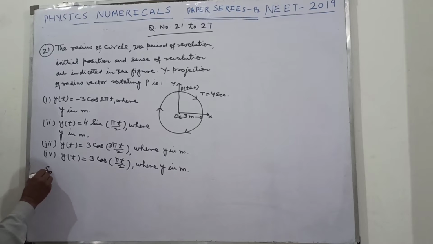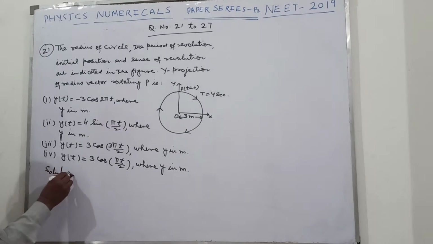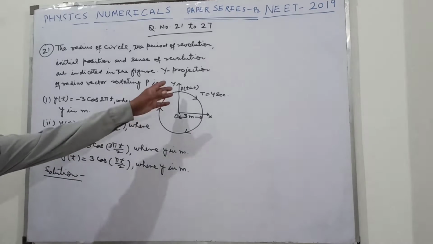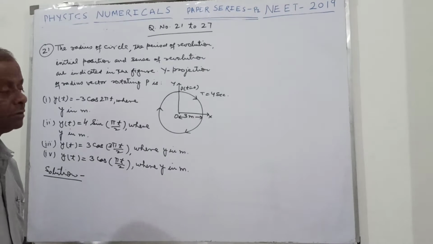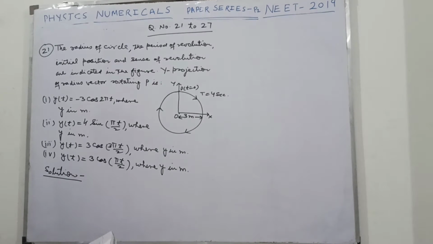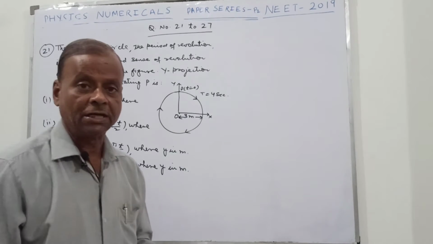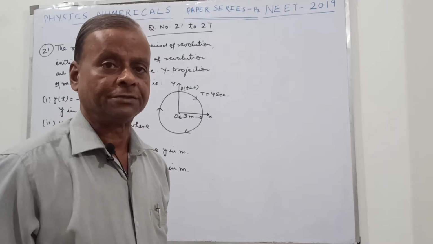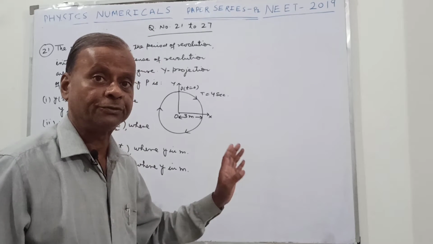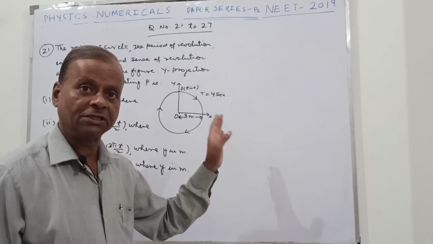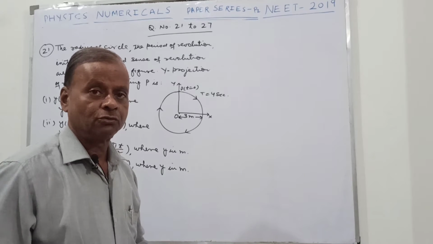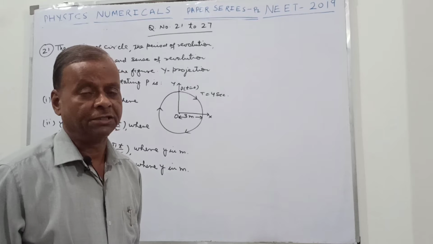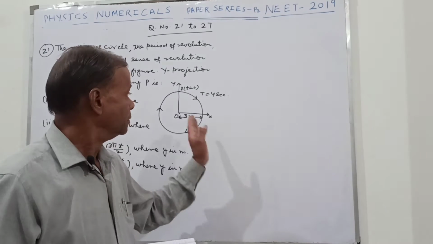The solution of this. First you see the rotation. Rotation is given to be clockwise, and in class we studied the rotation anti-clockwise. So this is just opposite of what we have studied in class. So all the measurements will be taken in the sense of clockwise.